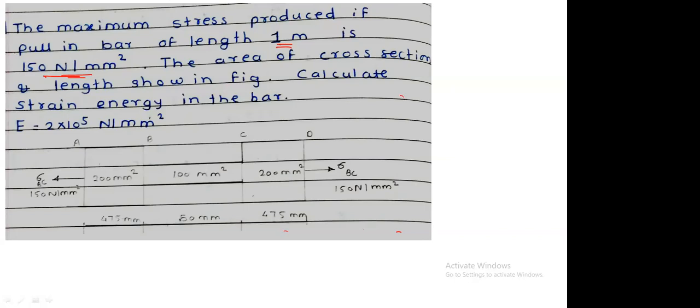That means here we have to calculate the total strain energy stored in the bar, and take capital E equal to 2 into 10 raised to 5 Newton per mm square. Now, if you see the figure, one figure is there like this. I will draw the figure once again. This is the figure.